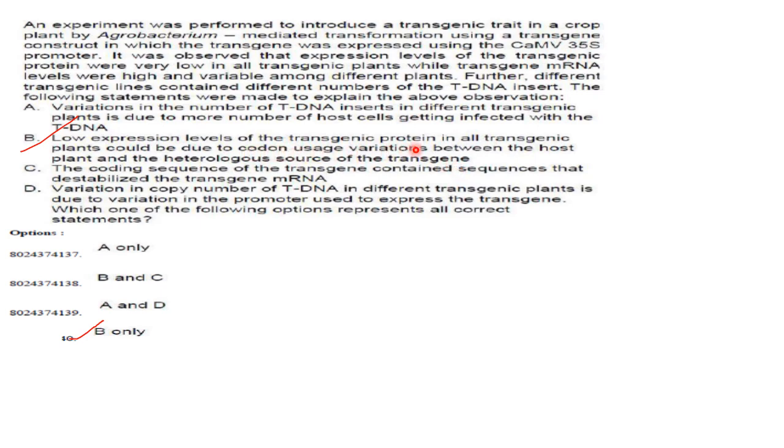There is codon usage variation because, suppose the codon for arginine is GUA, that is being used by the bacterial gene for expression in bacteria, but GUA is not the codon for arginine in case of the host plant, so it cannot recognize the GUA codon as arginine codon, and the protein expression will either be hindered over there or it will be stopped there.